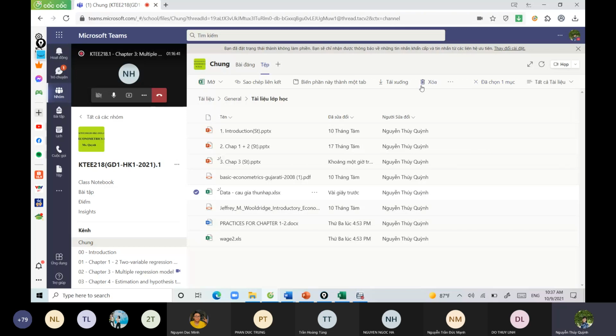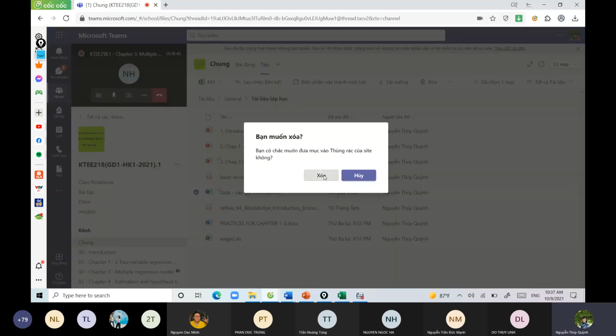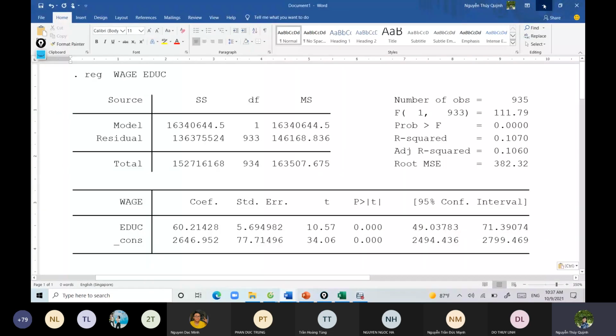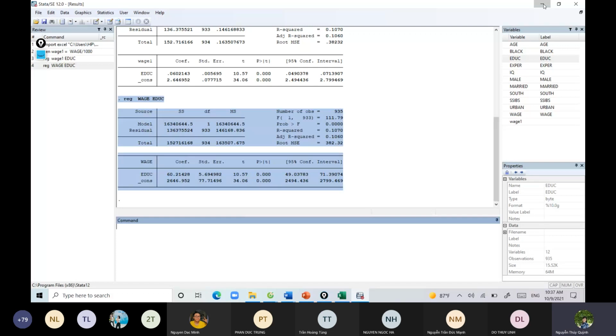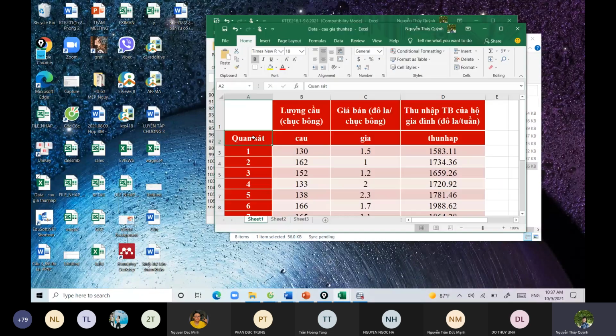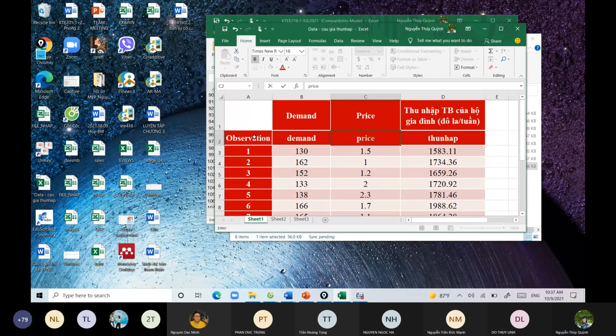I can erase it, and I will change the names of those variables a little bit so that you can get it more easily. Observation, demand, price, income.